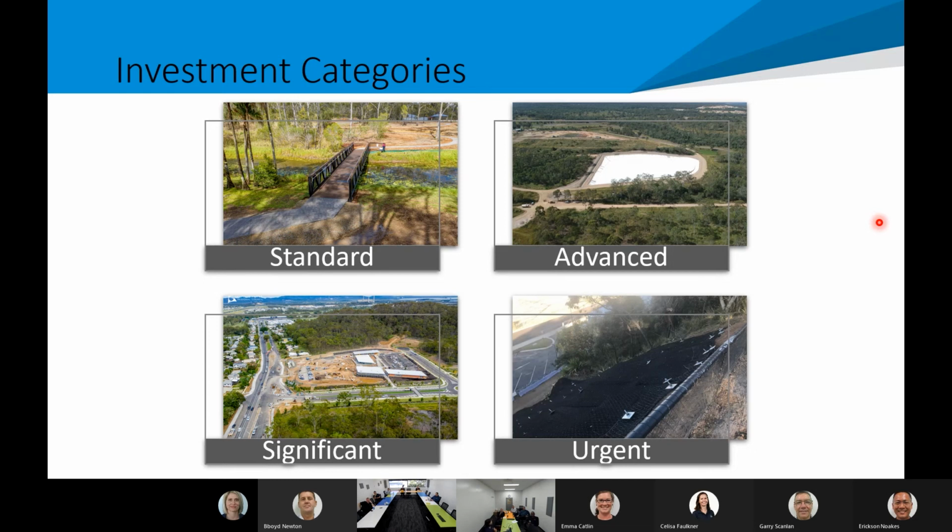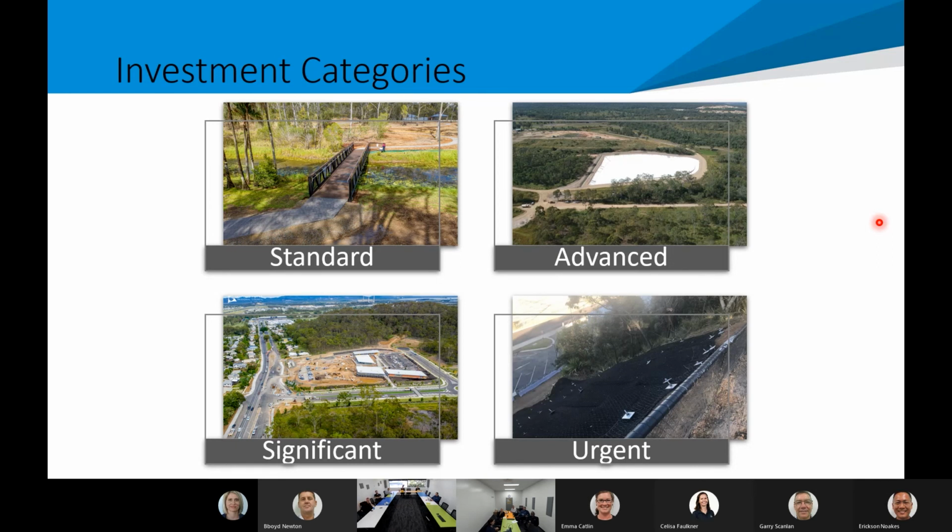However, if we've got multiple bursts that happen on that main and we need to escalate it through as an urgent item that hasn't been on our program previously, then that's the project that might come through as urgent. So again, it's probably the last 5% that we have.